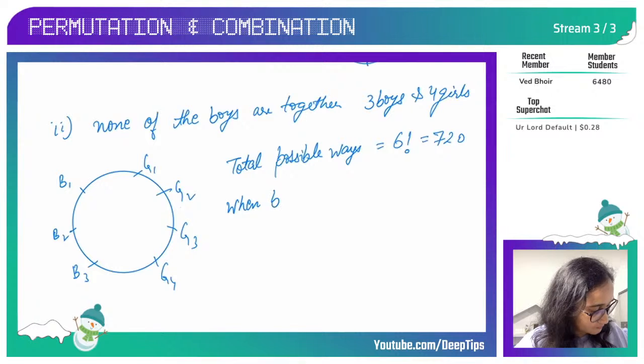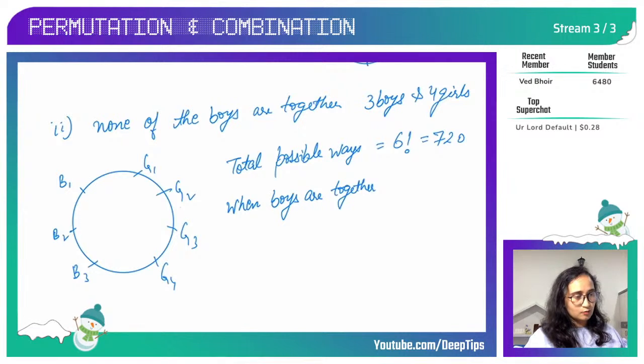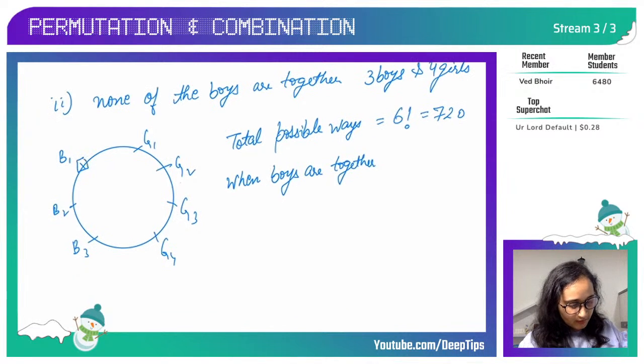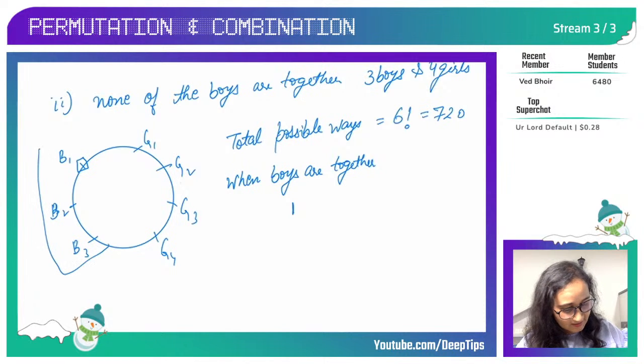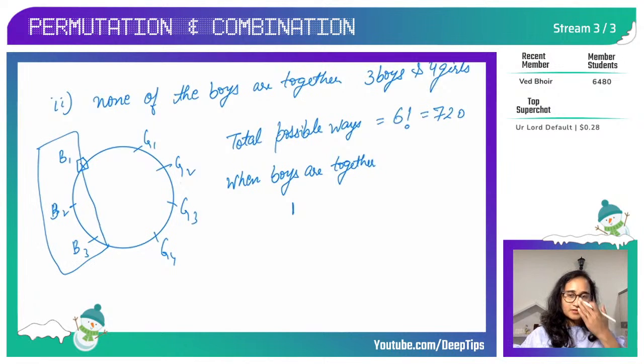Okay, so when boys are together, let's fix one place for a boy. So B1 has only one way to sit. Now see here what you need to care about: you will not fix a place for this one, we'll take it as a single entity, because there is no point in fixing one place.